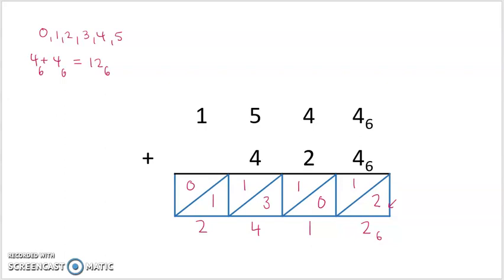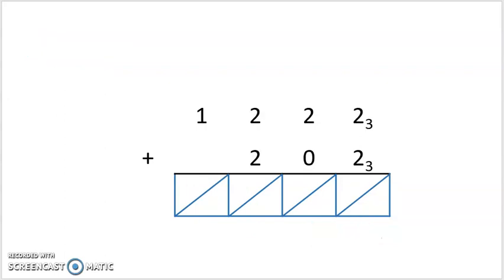One last example of lattice addition in another base. We've got base 3. Base 3 is a really nice compact other base. The only digits are 0, 1, and 2. Then look at some of the additions.